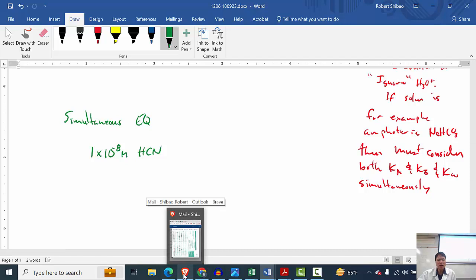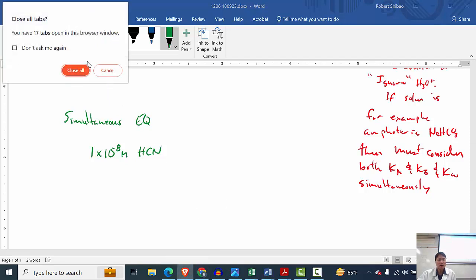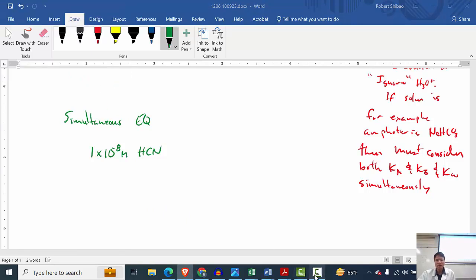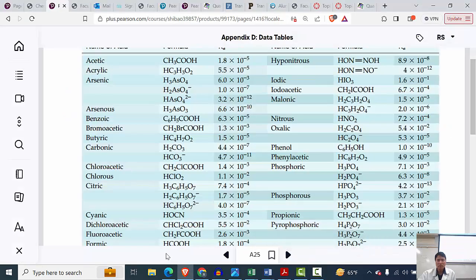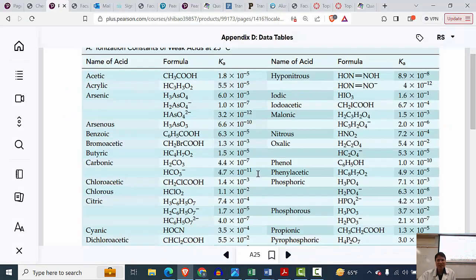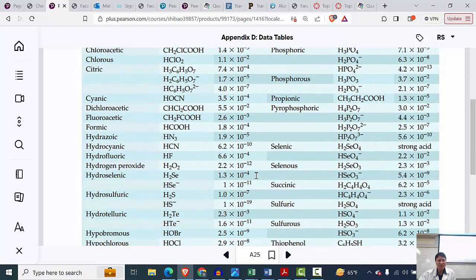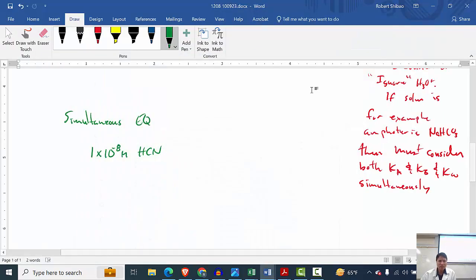Let's take a look at the Ka for this next. So that's hydrocyanic acid. Hydrocyanic acid is 6.2 times 10 to the minus 10, the Ka value.